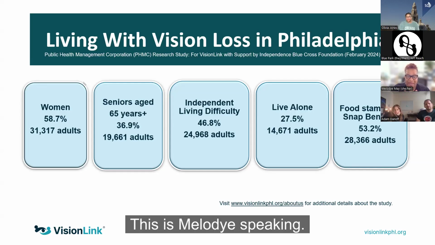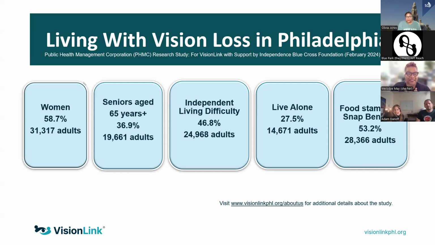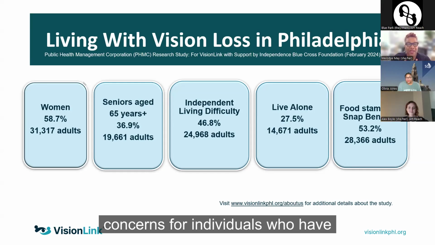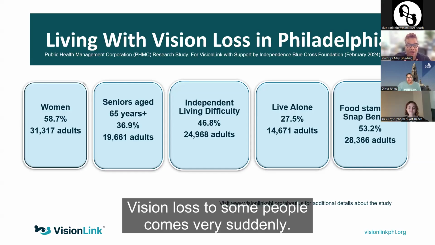Wow, Olivia, this is Melody speaking. You hit about four or five very relevant concerns for individuals who have trouble living on their own. Vision loss to some people comes very suddenly.